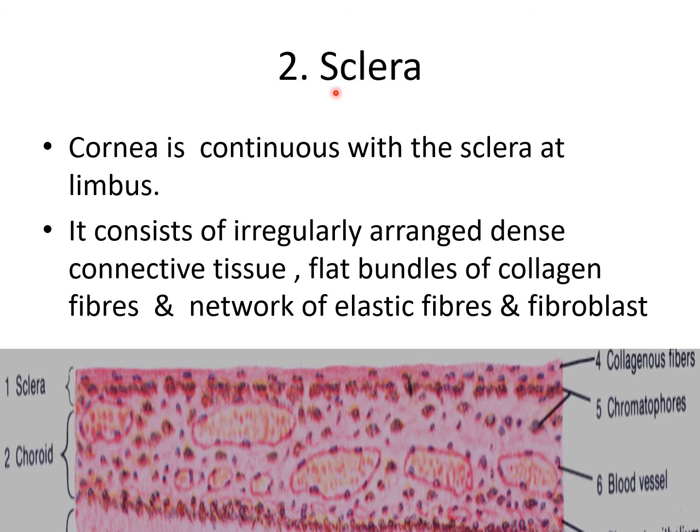Some of the cells are pigmented. It consists of irregularly arranged dense connective tissue, flat bundles of collagen fibers, a network of elastic fibers, and fibroblasts.